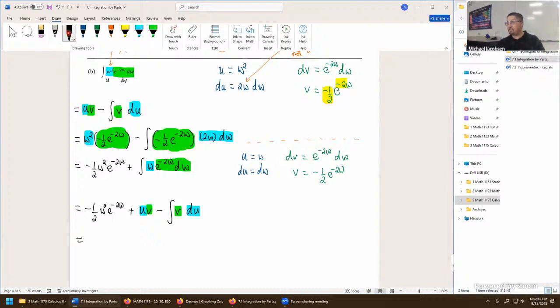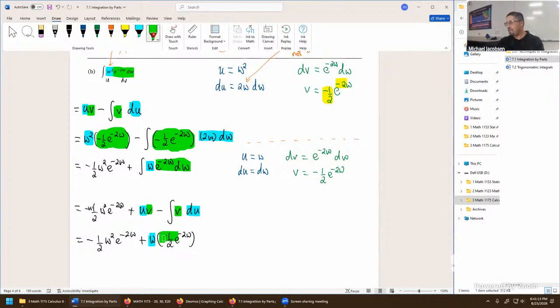Now the problem is just about there. So let's copy in negative 1/2 w squared e power negative 2w plus. Next substitution, we're taking this u times this v, so that's going to be, whoa, wrong pen, let me try again. w times negative 1/2 e to the power negative 2w.